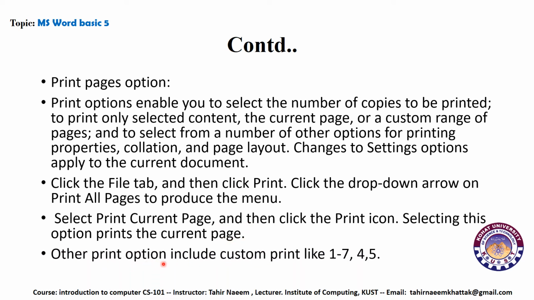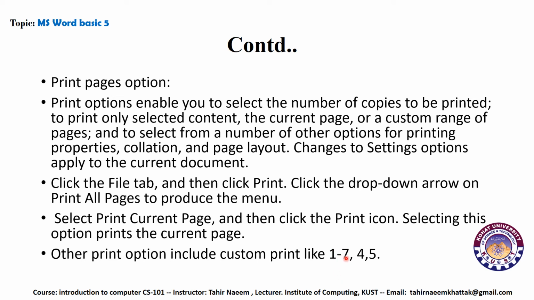Other print options include custom print, like 1 to 7 or 4 and 5. So basically these are the two most used, or we can also give a range. Range bound means that if we want to print certain pages from page 1 to 7, then we have to insert a hyphen between page 1 and 7.